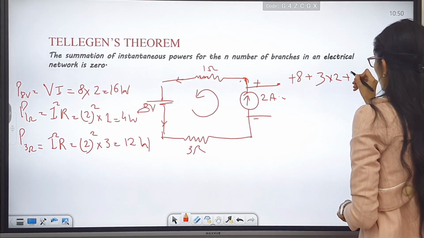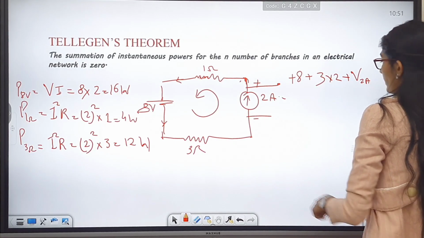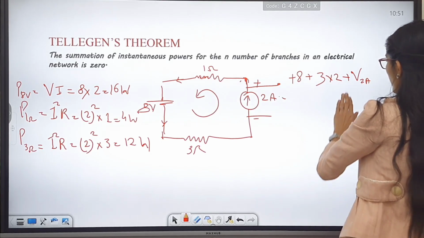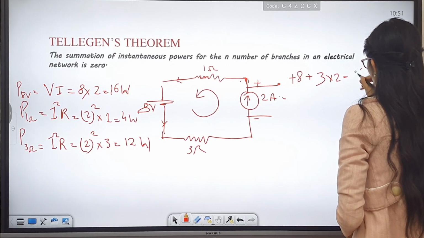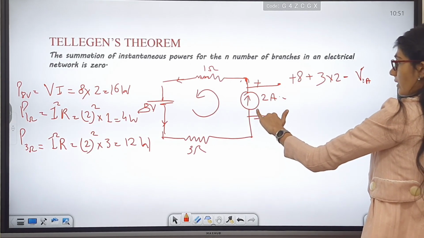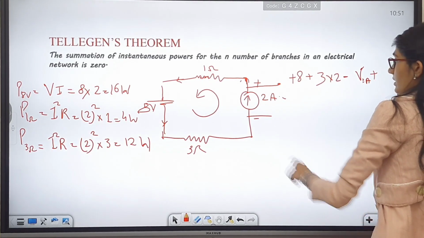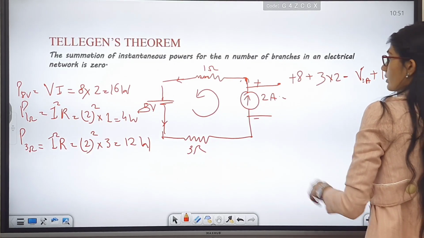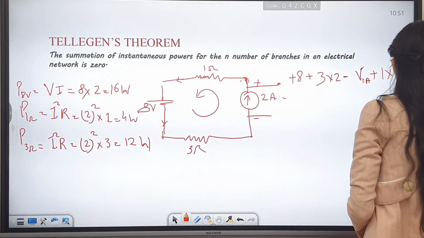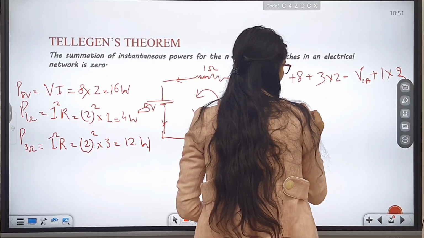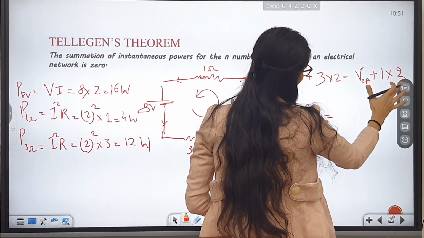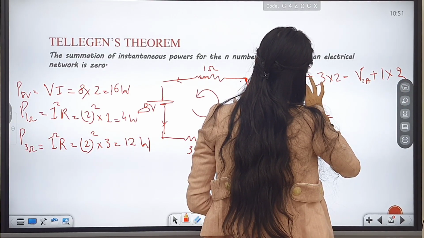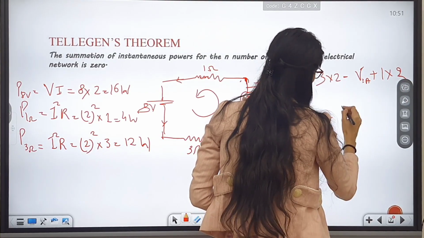Then the voltage across the 2 ampere element: here we encounter the negative part first, so we will take it as minus V2, plus 1 into the current in the circuit, which is 2. Take V2 to the other side and we are left with 3 twos are 6, 6, 6, 12, 16 volt.